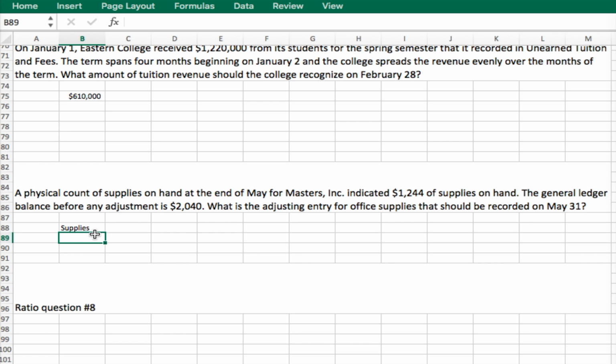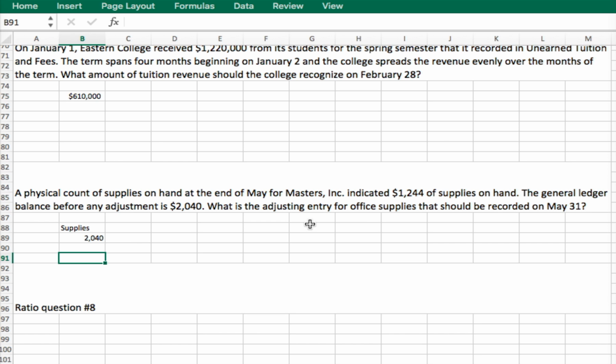We started with a balance in the general ledger of 2040, and we know that at the end of the day we want that to show the actual balance of 1244. So what do we need to do to get from a debit of 2040 to a debit of 1244?